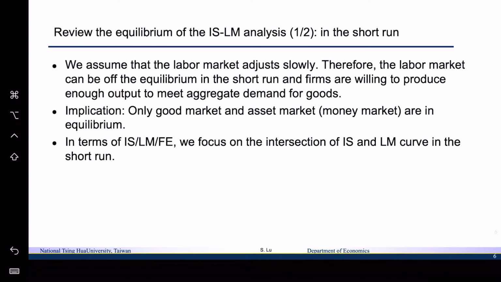The implication is that only the goods market and the asset market, which can be boiled down to the money market, are in equilibrium in the short run. So then, in terms of the IS-LM and full employment line, we focus on the intersection of the IS curve and the LM curve when we want to come up with the short-run equilibrium.